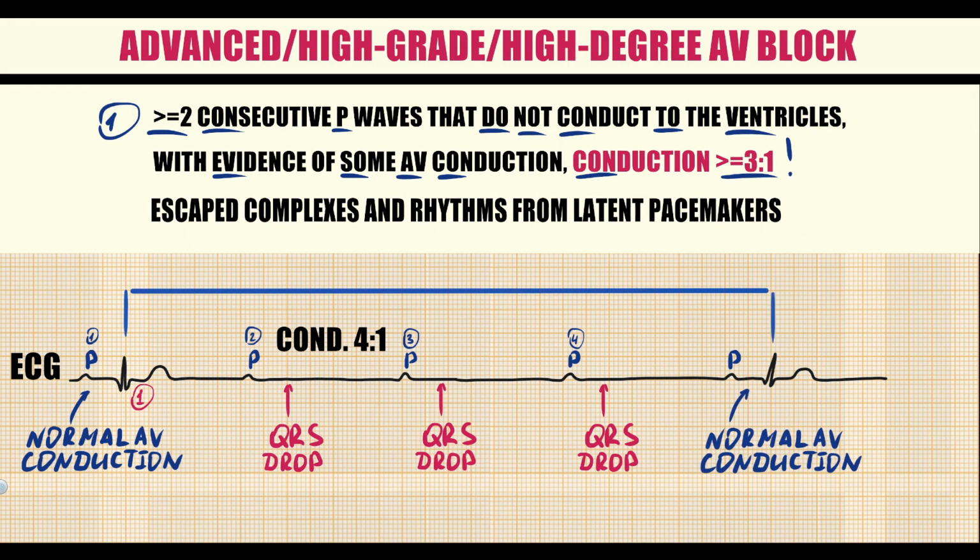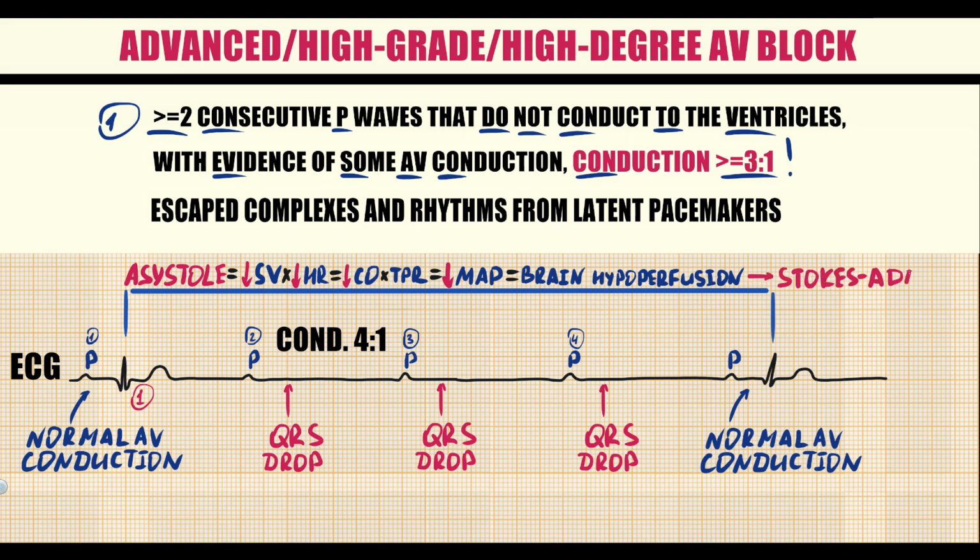Consecutive QRS drops lead to ventricular asystole, that means decreasing of both stroke volume and heart rate. Stroke volume and heart rate form cardiac output, that is also decreased. Cardiac output together with total peripheral resistance form mean arterial pressure, that is also decreased. Decreasing of mean arterial pressure leads to brain hypoperfusion, that in its turn leads to syncope.